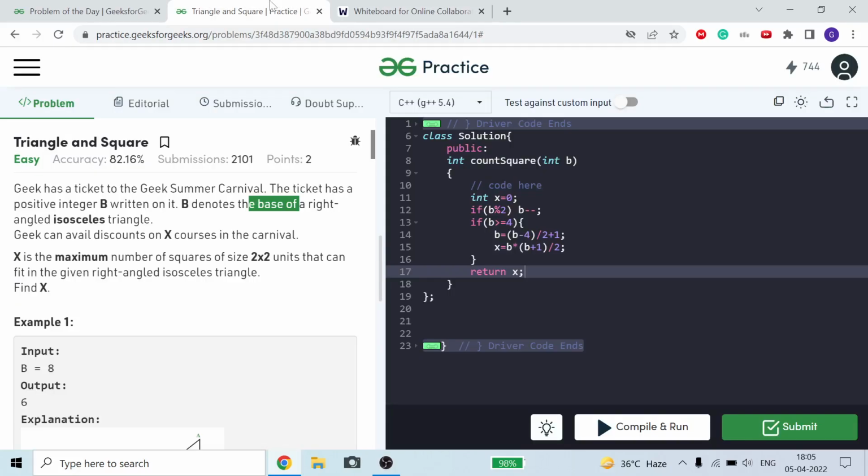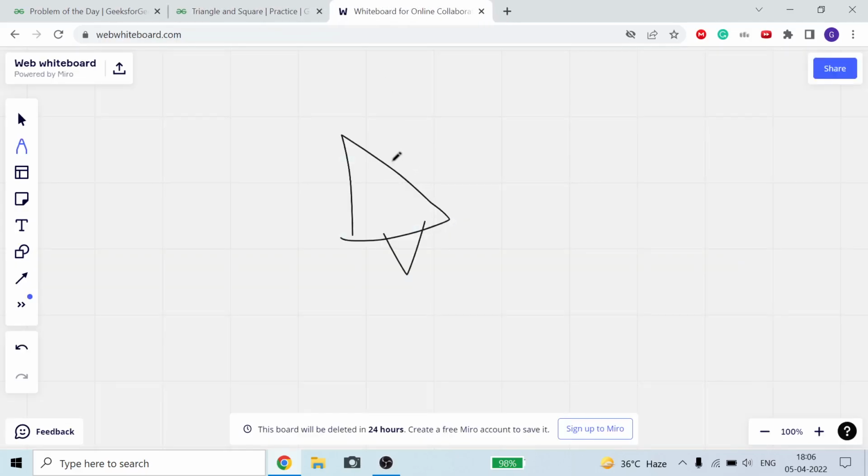Because this is an isosceles triangle, this side and this side will be equal. You can read about it in the theory of right angle triangles. This is the longest side always, so it cannot be equal to any side. So the two remaining sides are equal. The length of this side is b, and the length of this side is b.